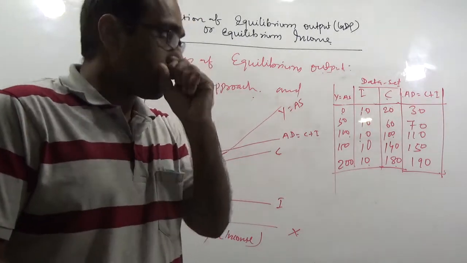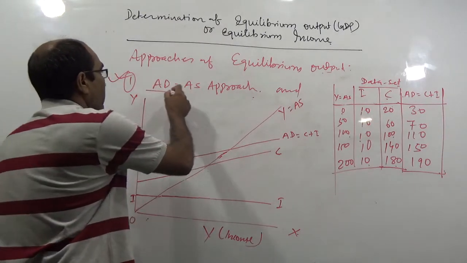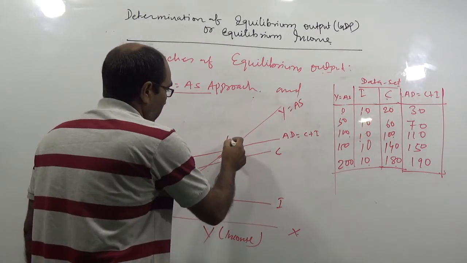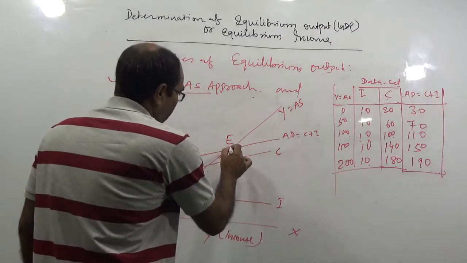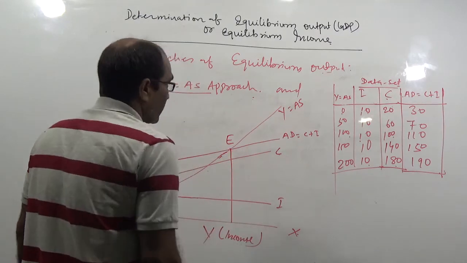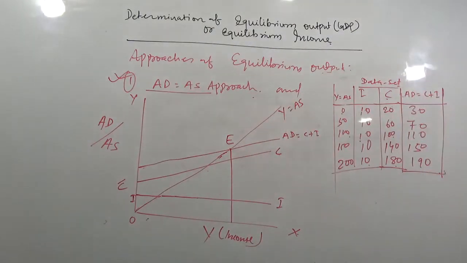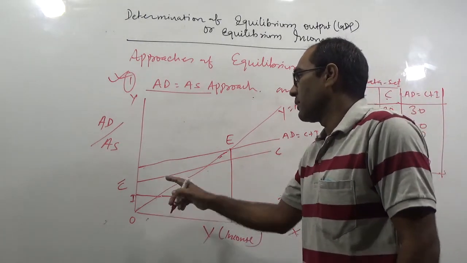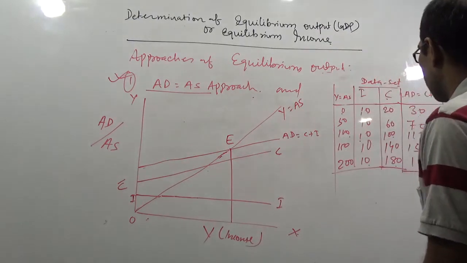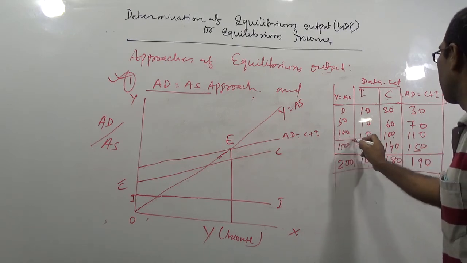Dear student, we have to discuss the determination of equilibrium output, the AD equal AS approach. See the point of intersection between AD and AS. At the point E, our AS curve is intersected by the AD curve. See the level of income, 150.